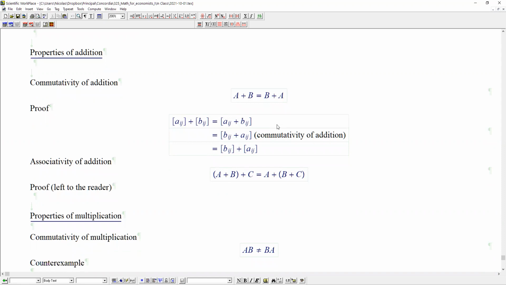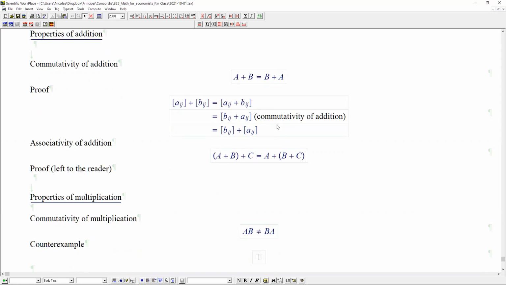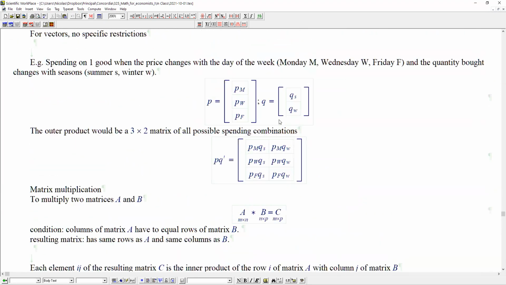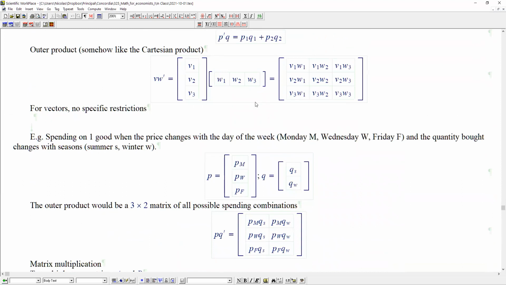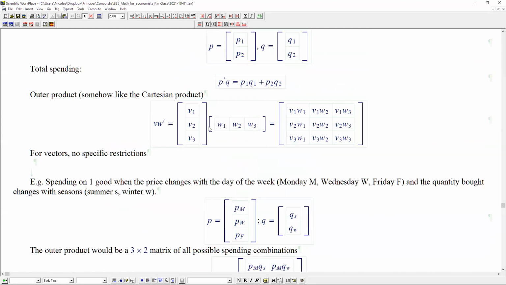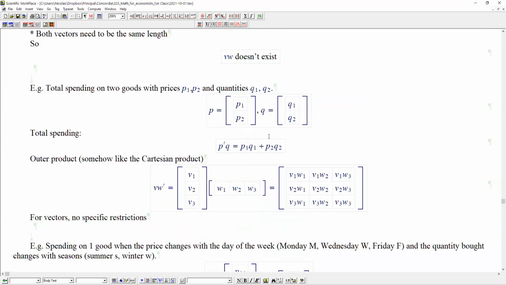So if you can find one way in which it doesn't work, then it means that this property is not valid. So of course, we've seen that if you start with a 3x1 and a 1x3, you get a 3x3, and if you invert them, then you get a 1x1. So you know it doesn't work.